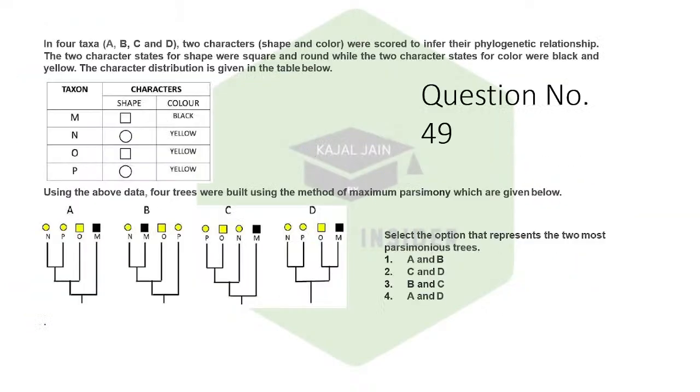Now, this particular question is related to your principle of parsimony. Give it a try to this particular question. This is from unit number 9, that is diversity of life forms. Principle of parsimony. Give it a try to the question and then we'll try to solve it out together. I'll explain you the concept as well and we'll be discussing the same.